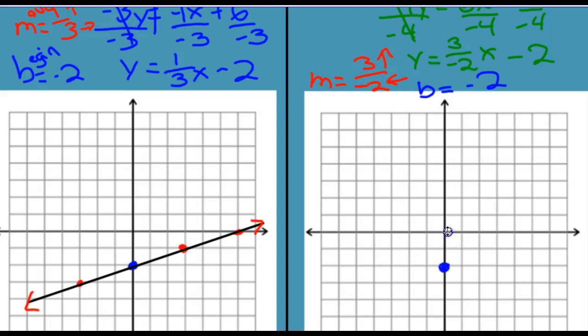So up 1, 2, 3, back 1, 2. The opposite of that would be go down 1, 2, 3, and over to the right 2. So now we have a line that's going negative because we have a negative slope.